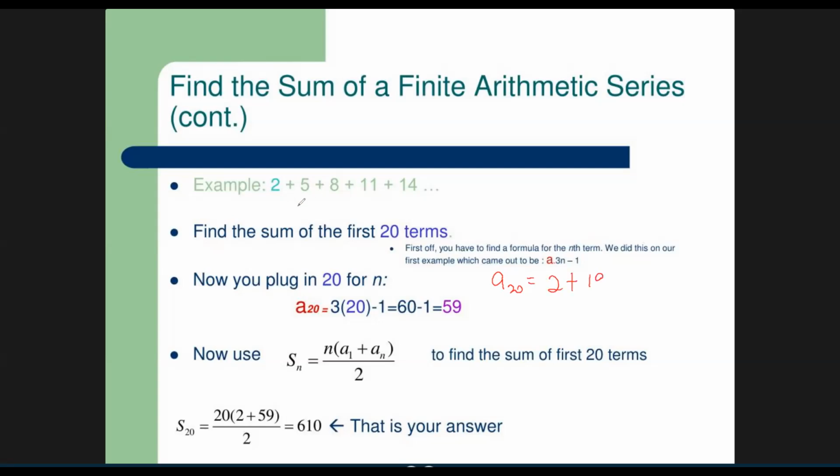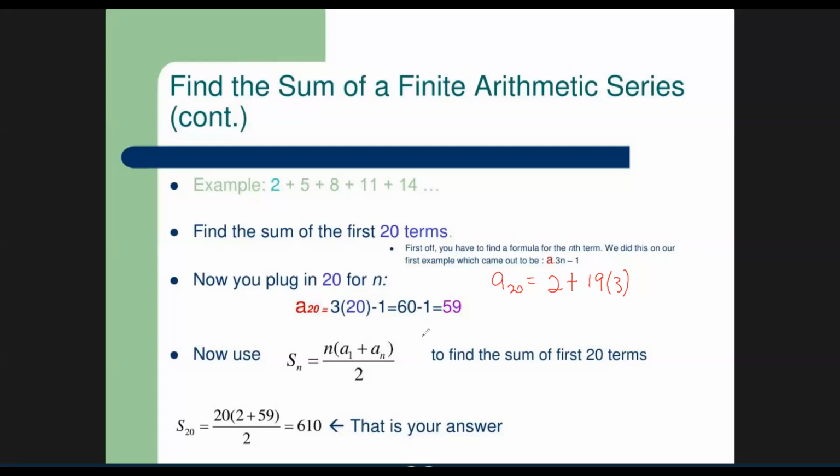And what's d? These seem to be 3, right? Will that give you 59? Is that correct? 19 by 3 plus 2. 19 by 3, yeah, 59, right?